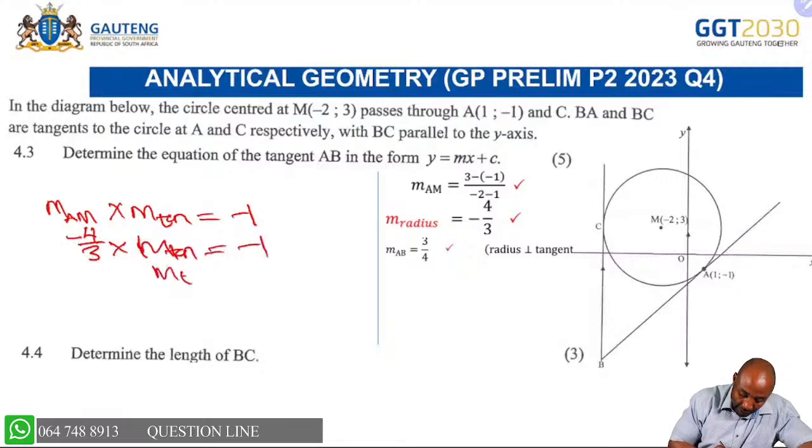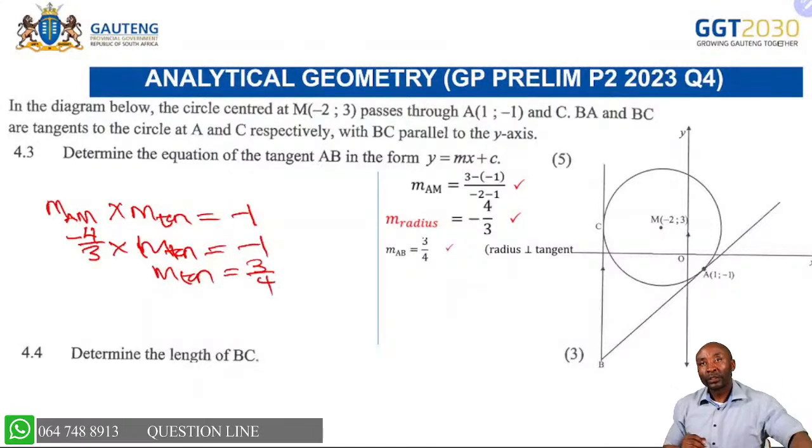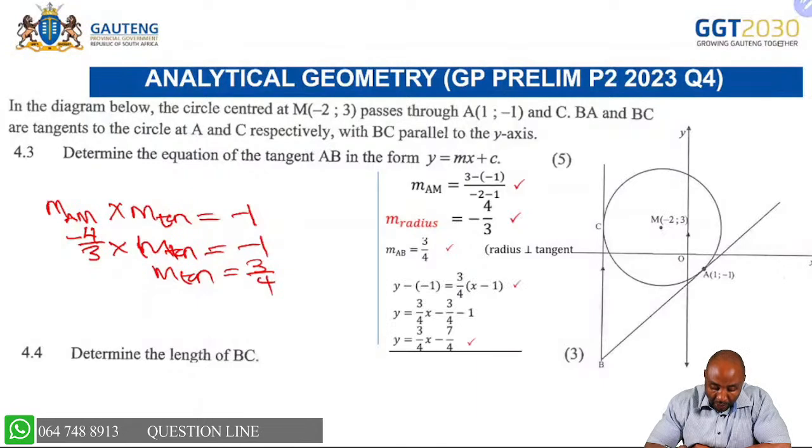We'll get the gradient of the tangent as 3 over 4. That's where we get our third mark. Our fourth mark is when we substitute into our equation of the straight line, and then we'll get our equation as y is equal to 3 over 4x minus 7 over 4. That's where we get our fifth mark.